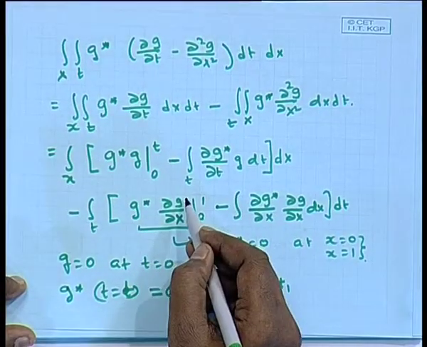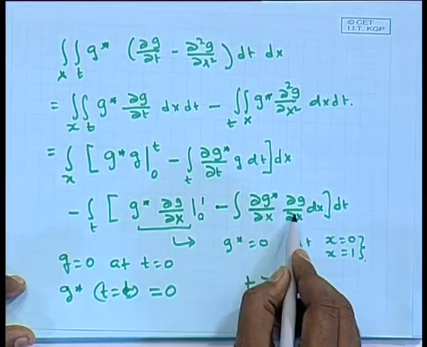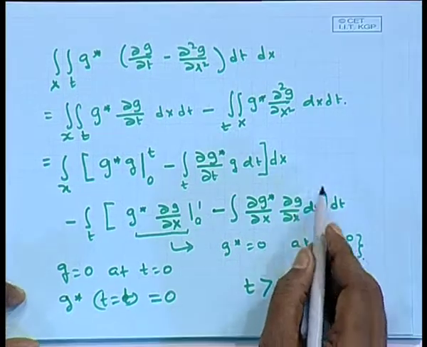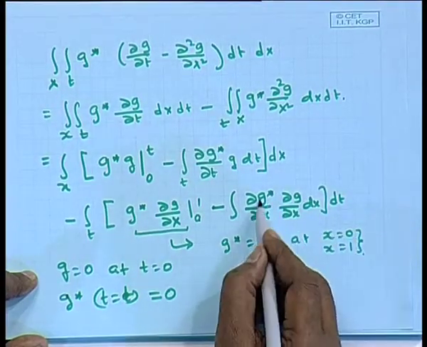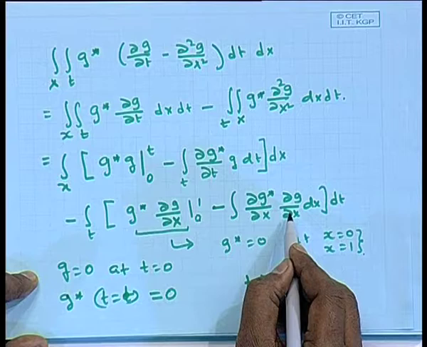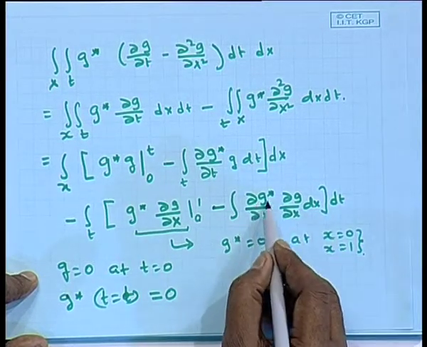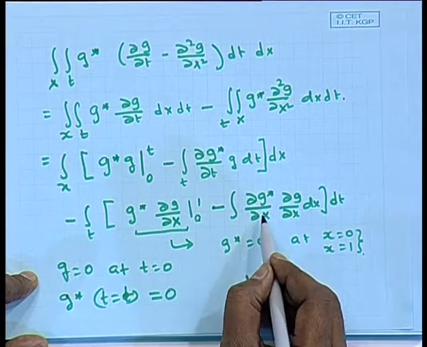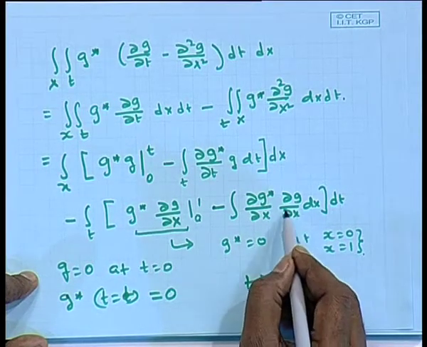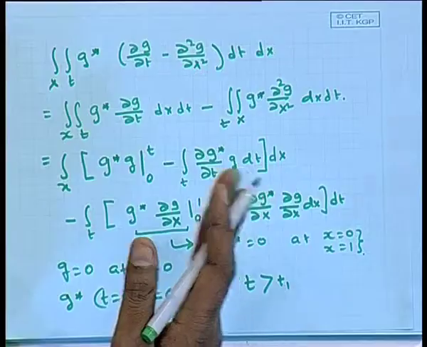This term is 0. So, one more integration by parts here. Taking this as the first term and integration of the second, it becomes g, minus differential of the first, so it becomes del square g star del x square, and integration of the second, so it becomes g. So, you convert all the terms associated with the operator from g to g star. That was the idea.